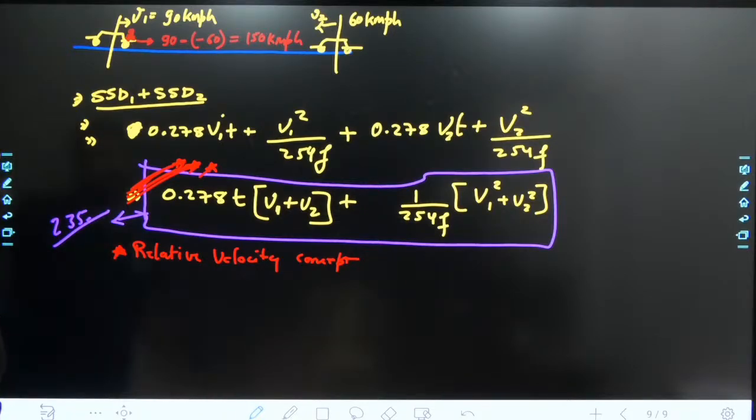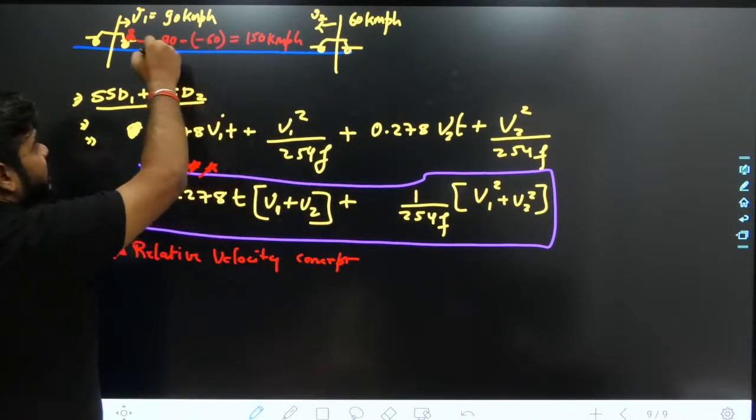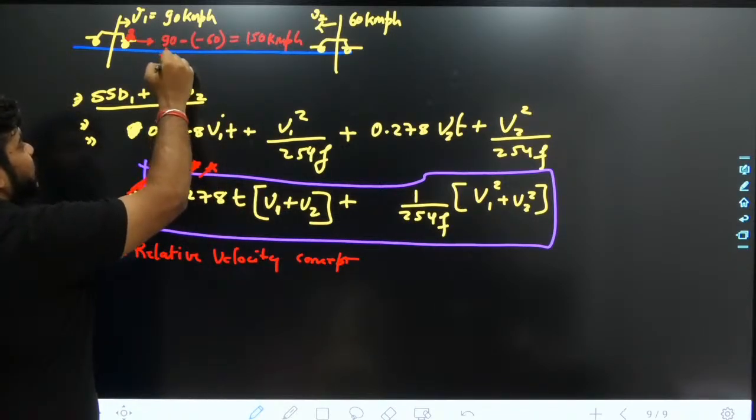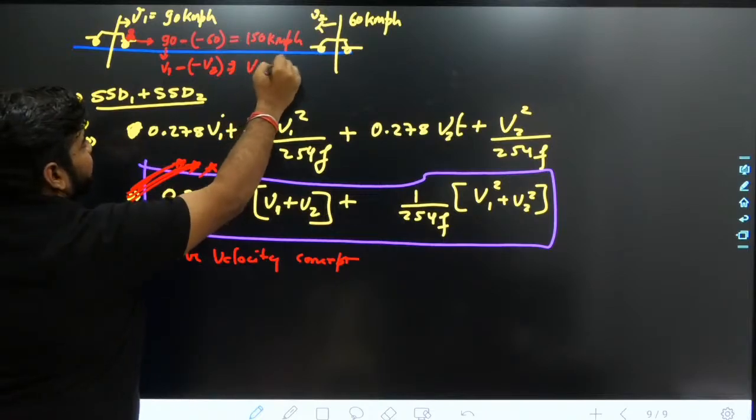If somebody asks you to write the stopping sight distance equation for this relative velocity, the relative velocity is V1 plus V2.